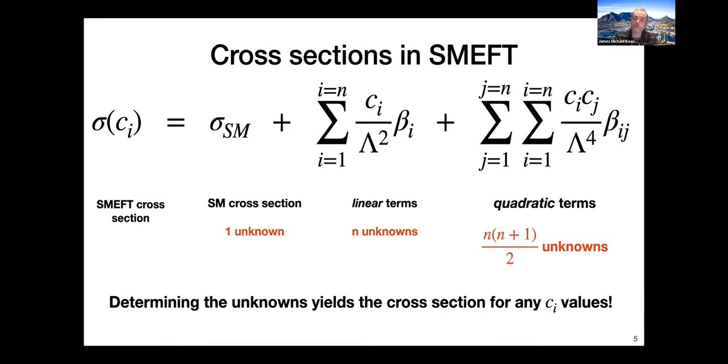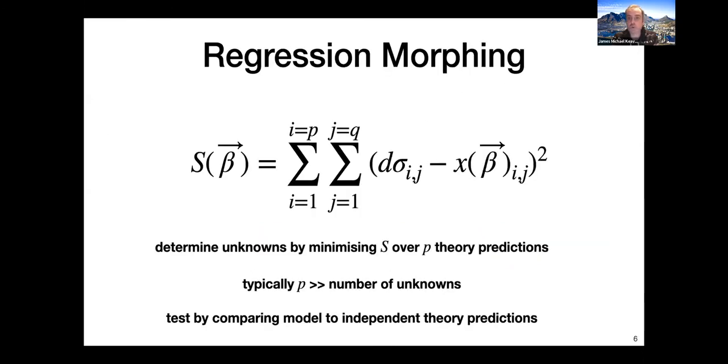But these unknowns are dependent on the observable you're after and the actual theory calculation you have in hand, for instance, the order of QCD. So what dEFT does is the simplest possible thing you could imagine to determine those unknowns.